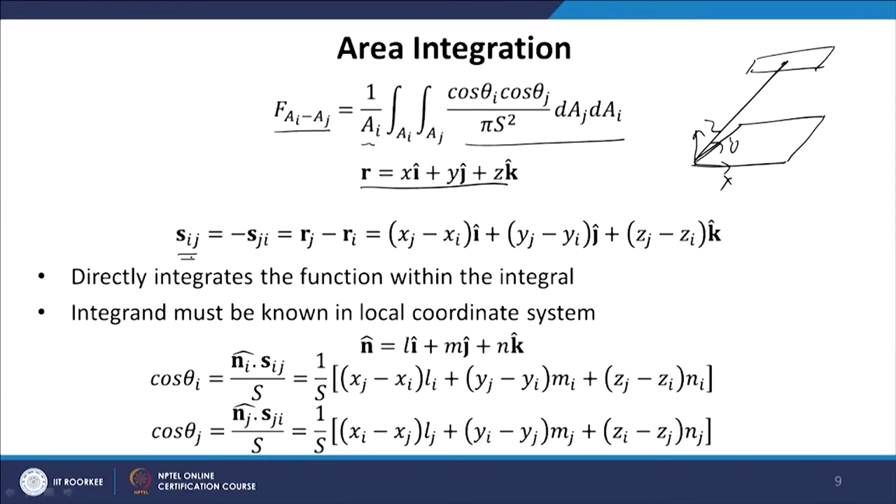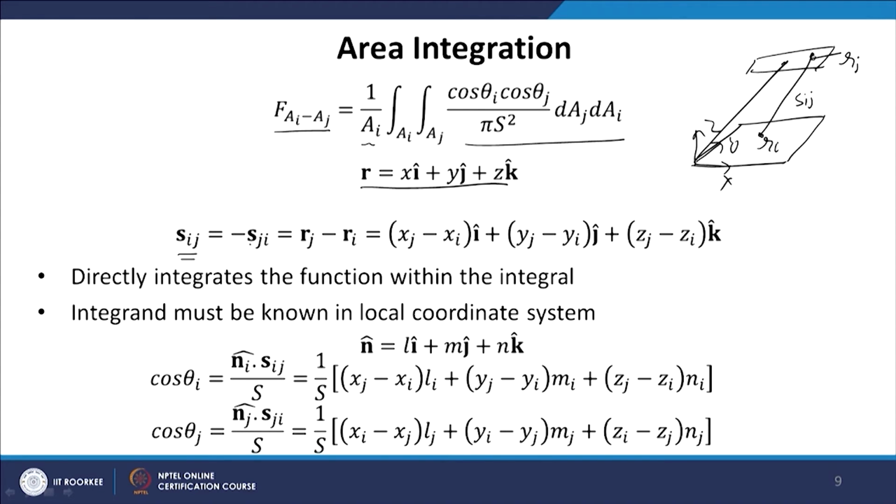And we represent the vector Sij as the vector joining two points, or two infinitesimal areas, on the two surfaces. So, this is Sij, and Sij can be represented in terms of the coordinates of this point, which is Ri, and the coordinates of this point, which is Rj.